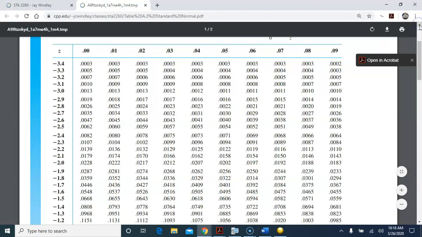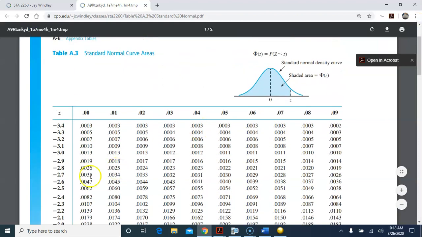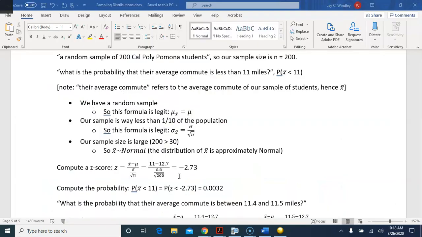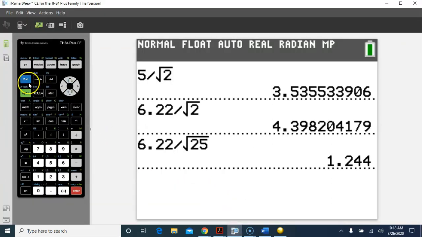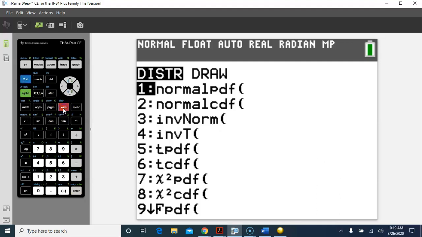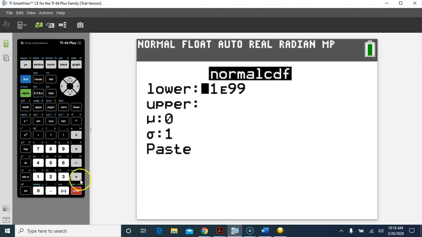The probability of a z-score less than negative 2.73 is this entry right here, 0.0032. So there's our probability of 0.0032. Or if you're using the calculator instead of a table, you can say normal CDF and go from negative infinity to negative 2.73.